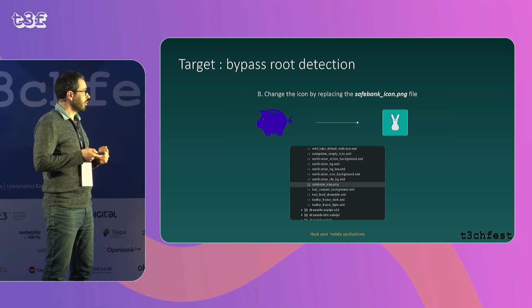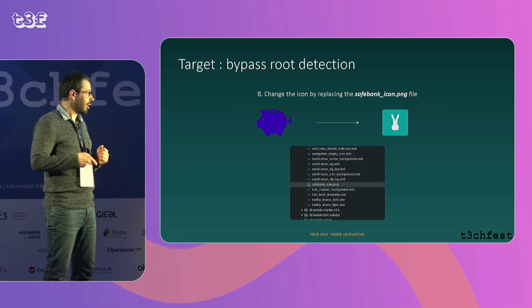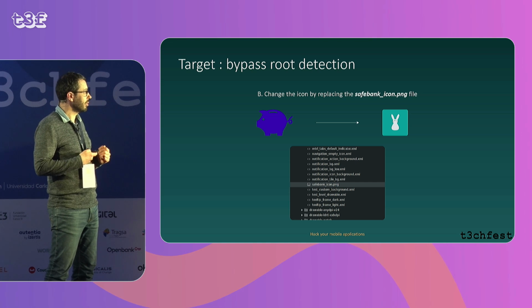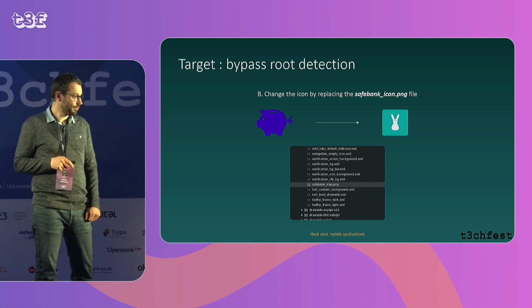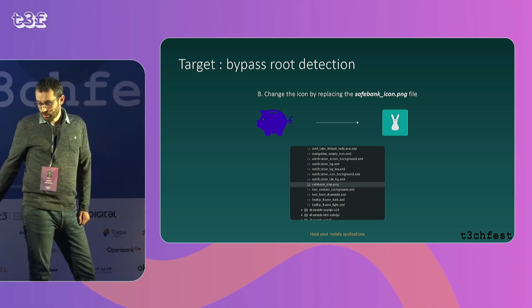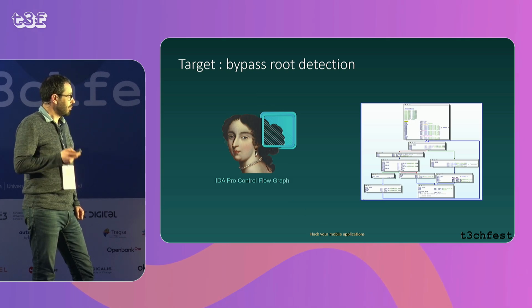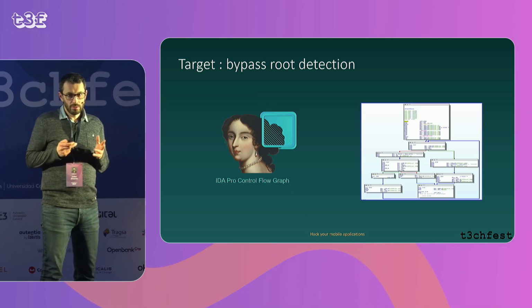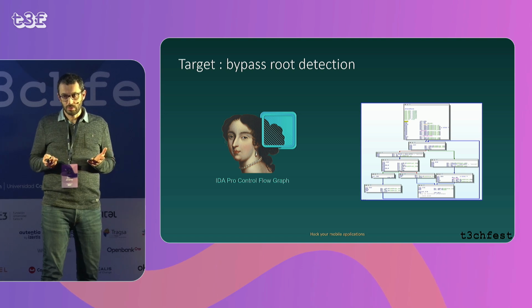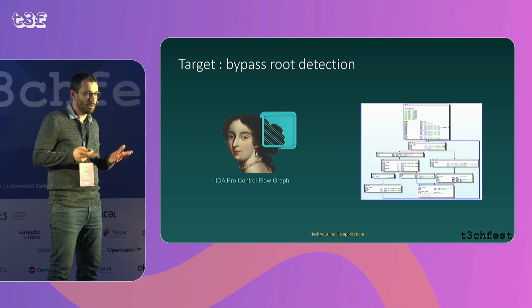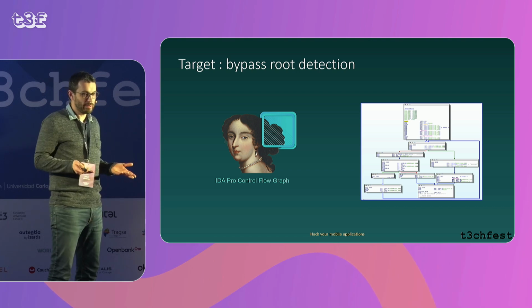For the icon of the application, I can just replace this safebank icon.png, and I will change the icon of the application. But concerning bypassing the protection, I will have to look into the code where is the protection. Before changing anything, I have to find where it is.